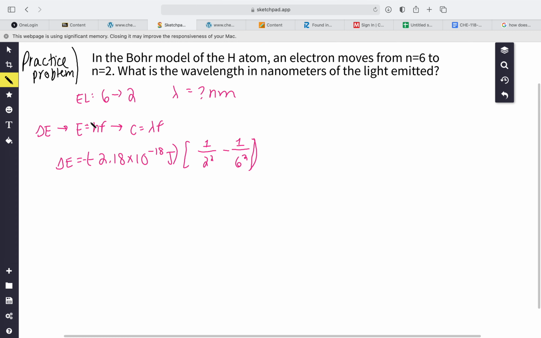Actually, I'll make that positive now so we don't have to deal with that later. 2.18 times 10 to the negative 18, and then it's going to be 1 over 4 minus 1 over 36. And then the change in energy.